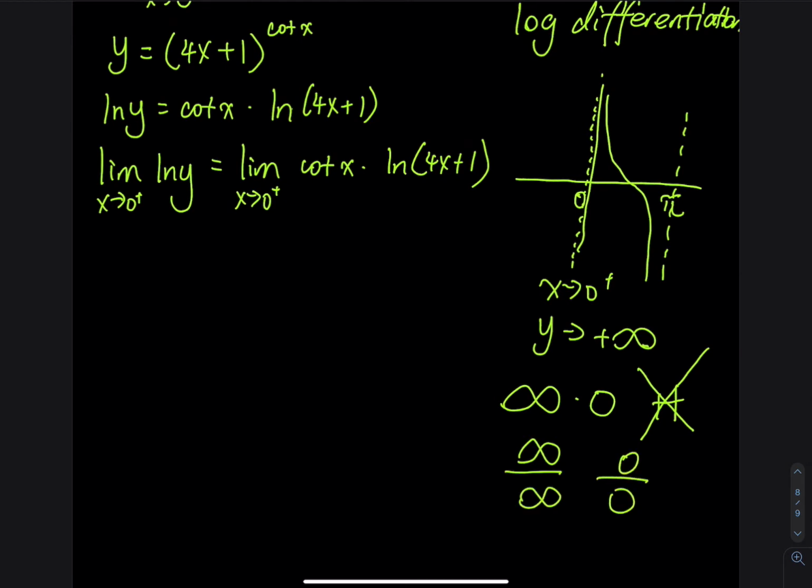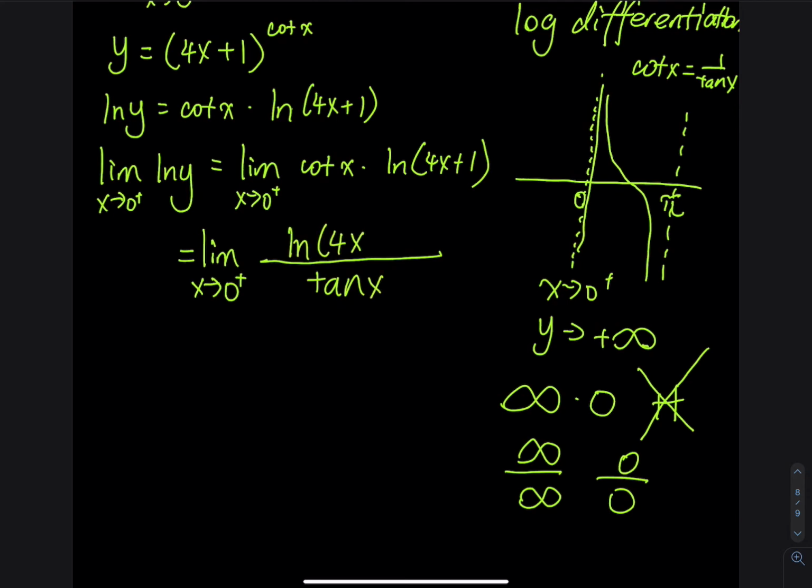Okay, so let's go ahead and make that happen. So x approaches 0 from the right. What is another way to write cotangent? Cotangent x is the same thing as 1 divided by tangent, right? So we can put the cotangent in the denominator and change that to tangent x. The top is ln(4x plus 1).